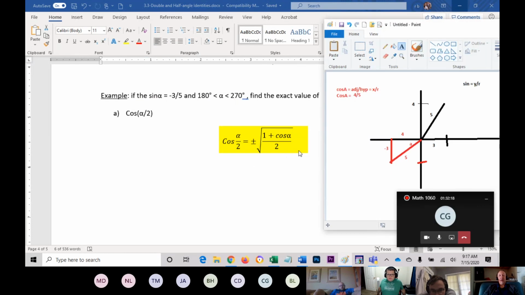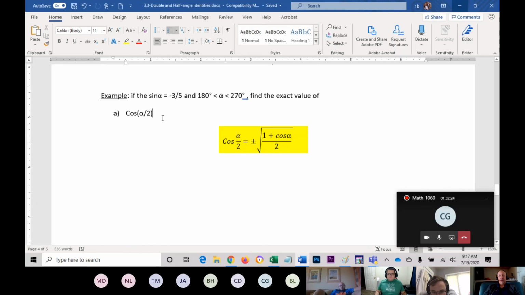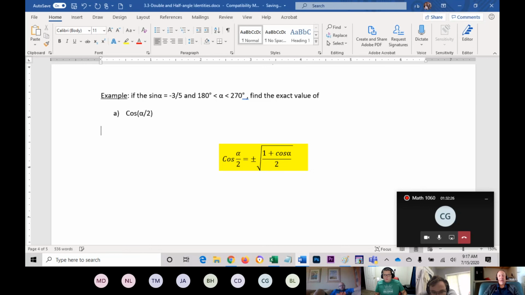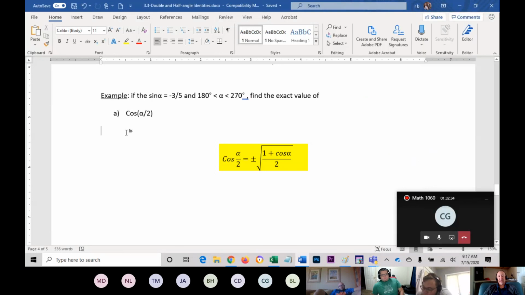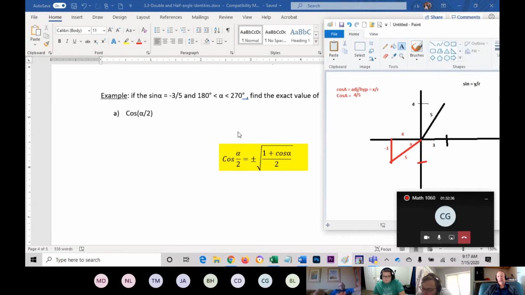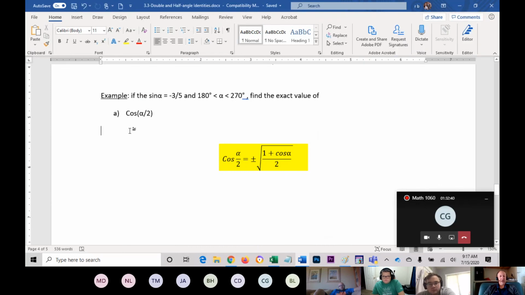Okay, so we're using this formula here, and we have to decide in quadrant 3, is the cosine positive or negative? Negative. So we're going to use the negative here.